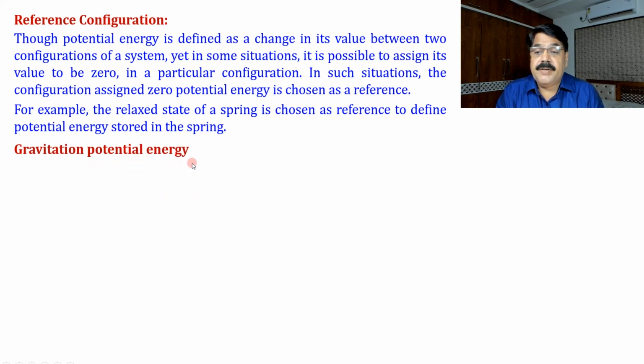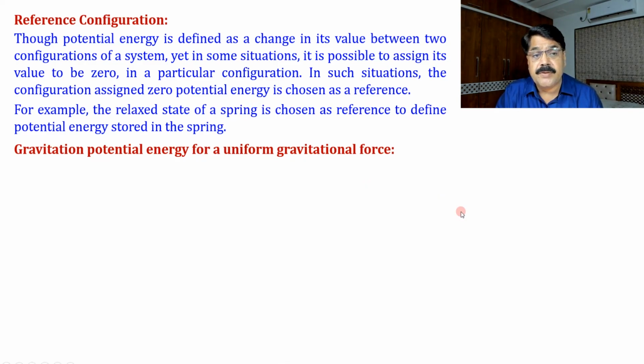Gravitational potential energy for a uniform gravitational force. Now, whatever idea we have developed, we try to develop expressions for potential energy in different cases. So the first example I am taking here is gravitational potential energy for a uniform gravitational force.